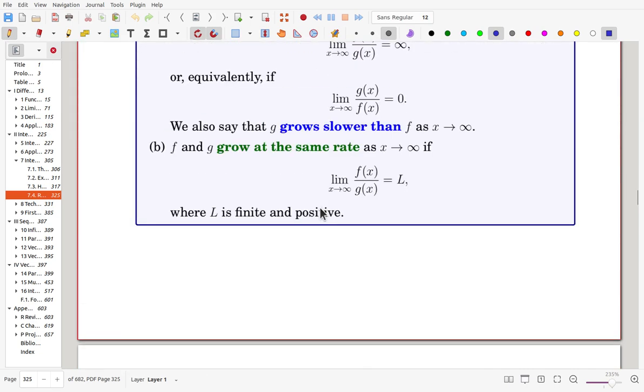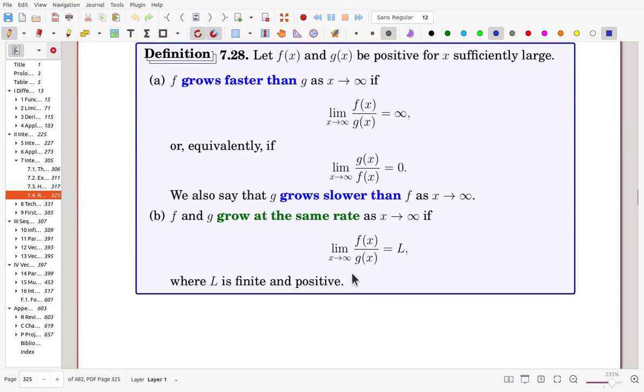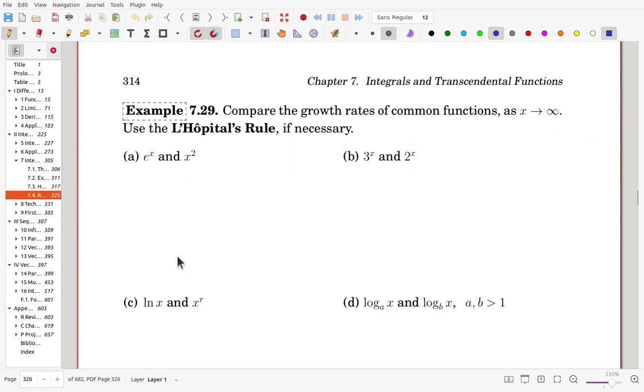In the definition, we have to check the ratio, the fraction. Here, e to the x over x squared, and we want to try to get the limit as x approaches infinity.